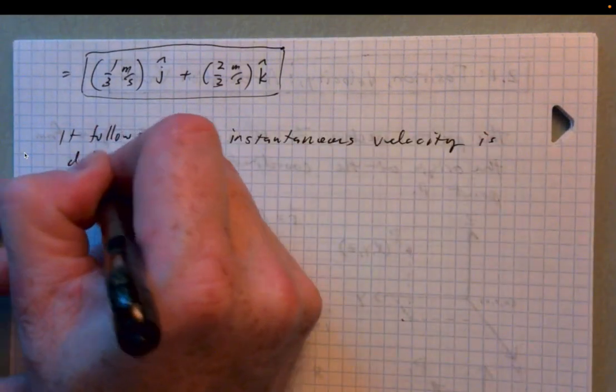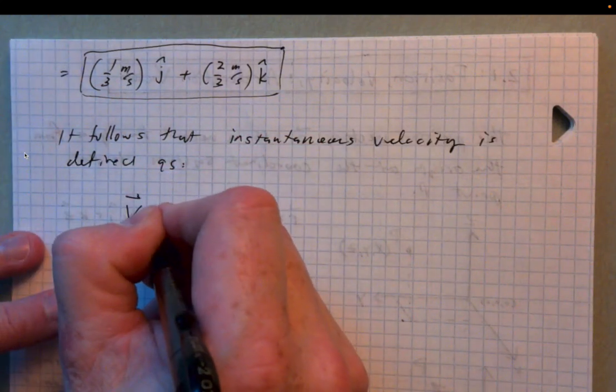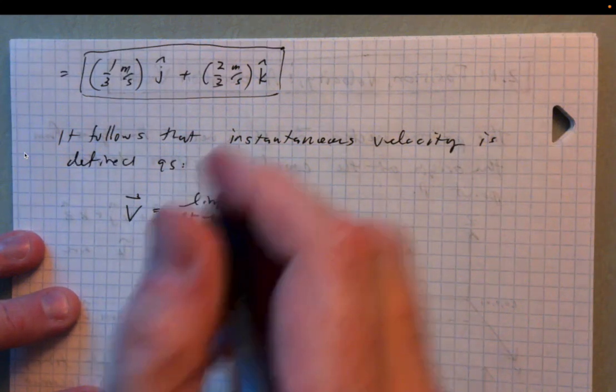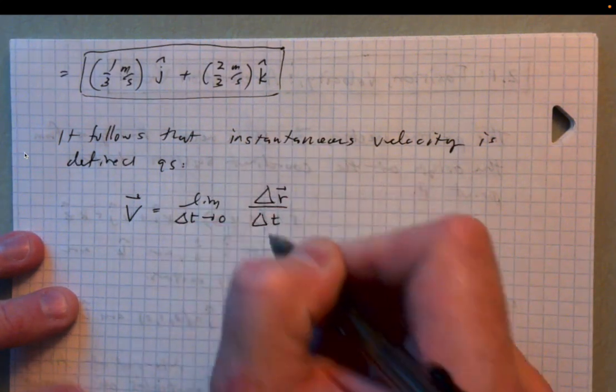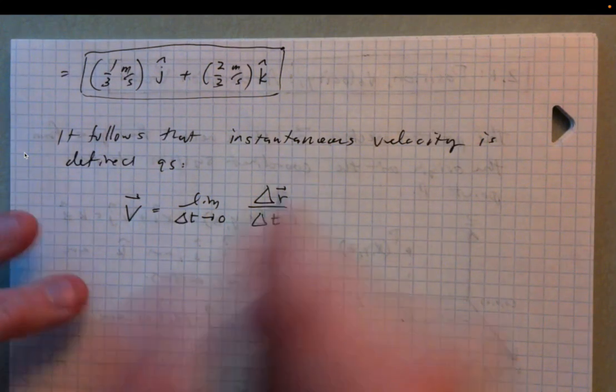is defined as, again, a vector, equal to the limit as delta t goes to 0 of the position vector divided by the time change.